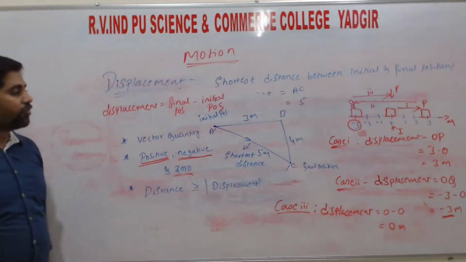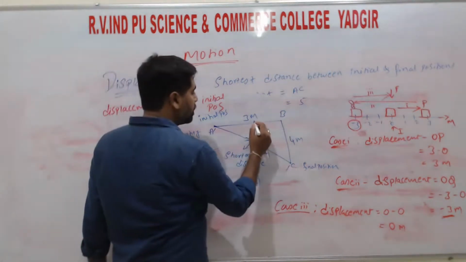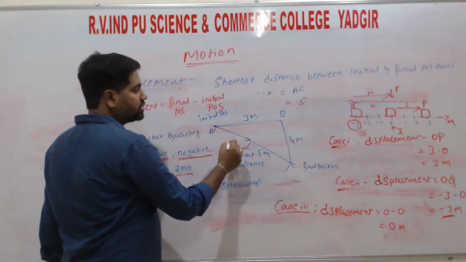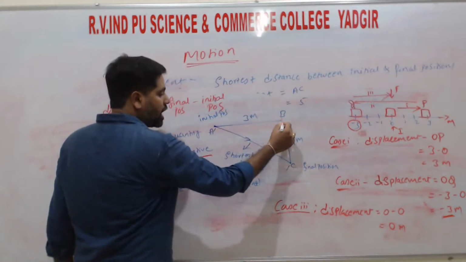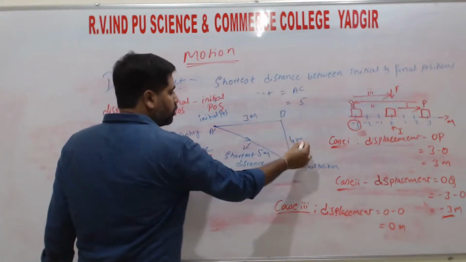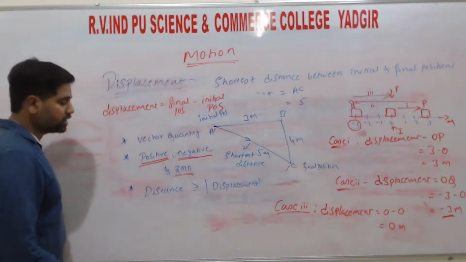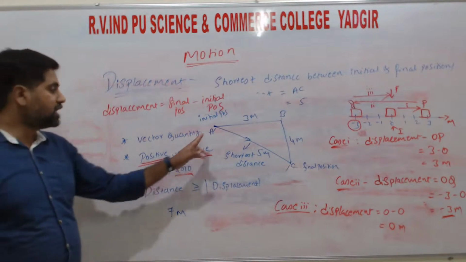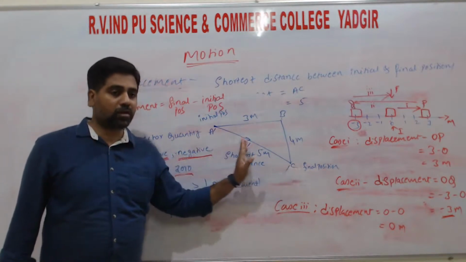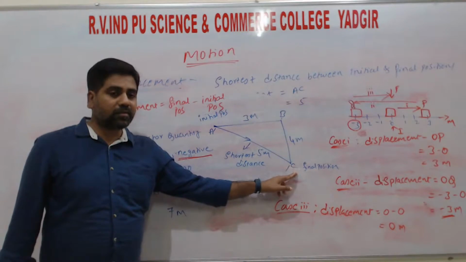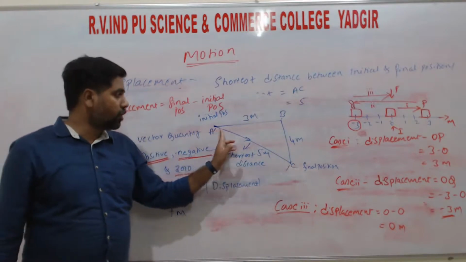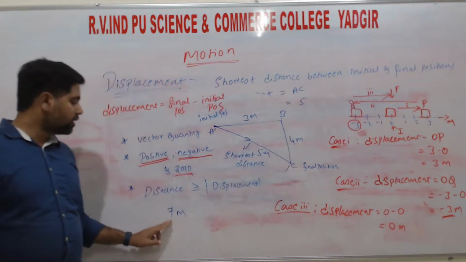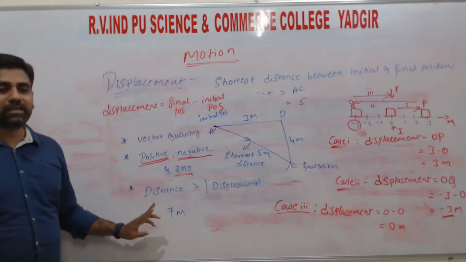So if we consider the same example here, for distance from A to B and B to C, that means 3 plus 4, right? So how much do we get here? 7 meter, right? The distance from A to C is the actual path followed, that is from A to B and B to C. That means 3 plus 4 we get 7 meter, that is the distance, right?